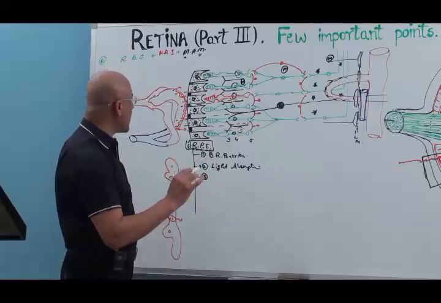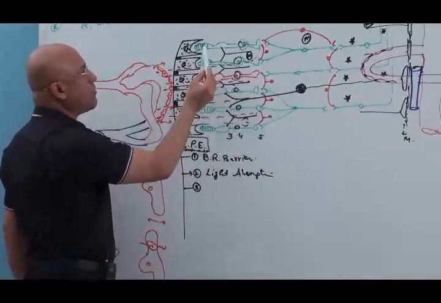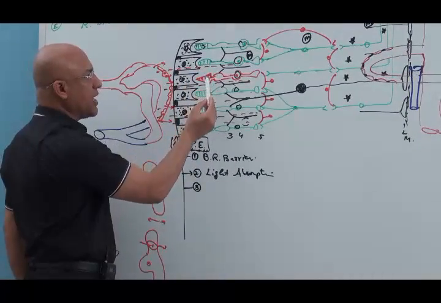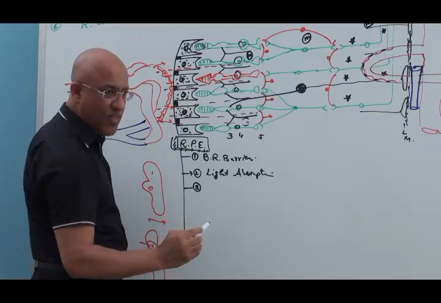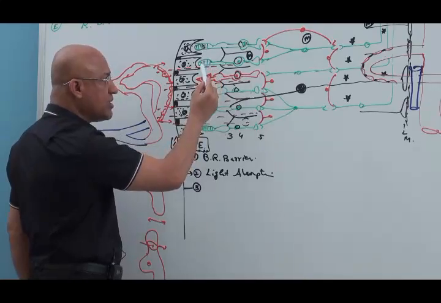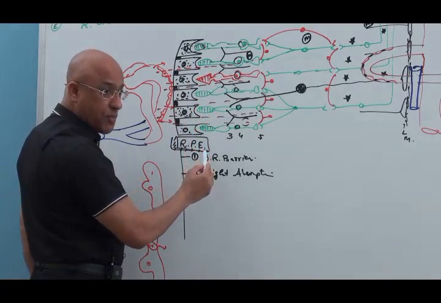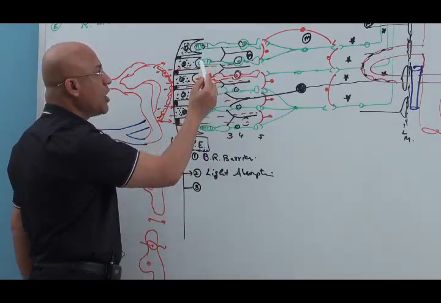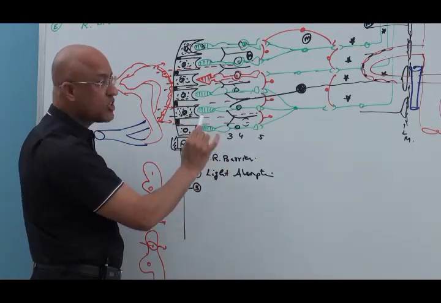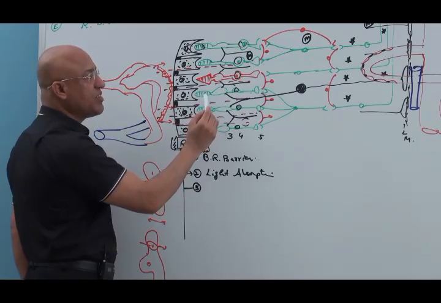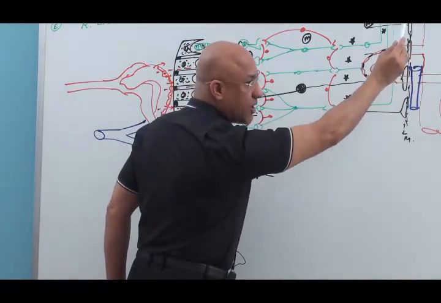But for a while, just believe me that visual pigment is a photosensitive chemical. When light falls on this light sensitive part of the rod and cone, the visual pigment bleaches, and during this process impulses are produced which go to the central nervous system.